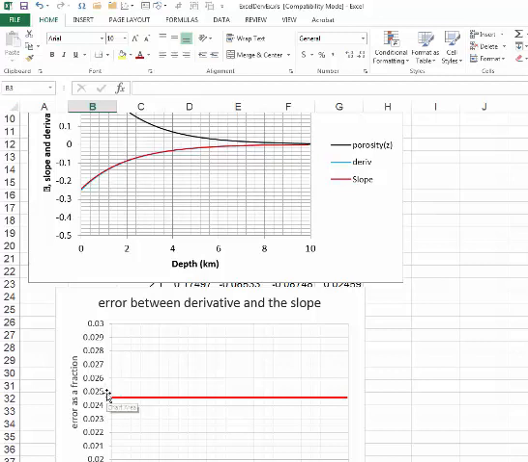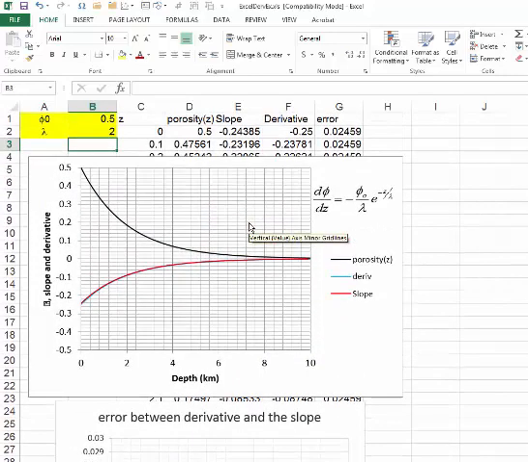If we look at the error in terms of a percent, or as a fraction rather, fractional difference, that fractional difference is constant all the way out to 10 kilometers in this case.